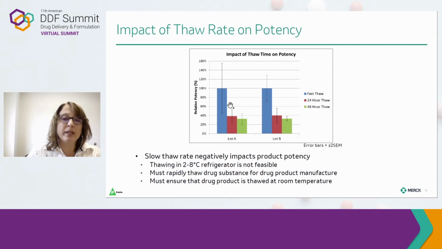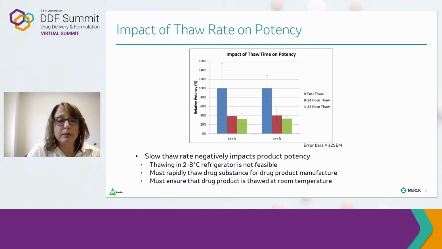So we were just looking for sensitivities. I'd like to see no change, but what it really meant is that thawing in a 2 to 8C refrigerator is not feasible. I think a lot of people want to put their drug substance in the refrigerator to thaw if it's frozen, or want to just put their drug product into a refrigerator. But that could be too slow of a thaw.